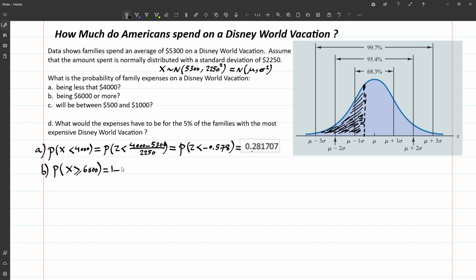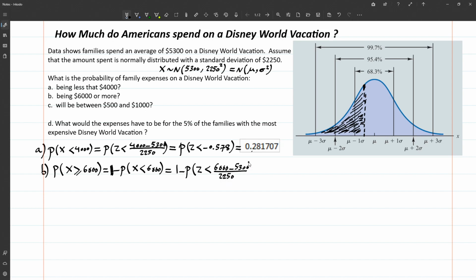This is of course 1 minus the probability that the expense is less than 6,000, which is our CDF. Same as above, you could use the Z transformation from the normal random variable to the standard normal random variable: less than 6,000 minus 5,300 divided by the standard deviation 2250.